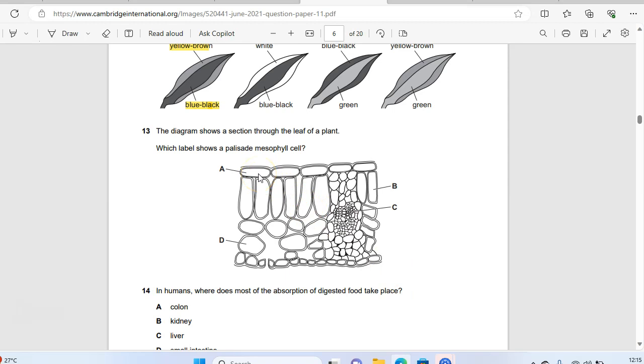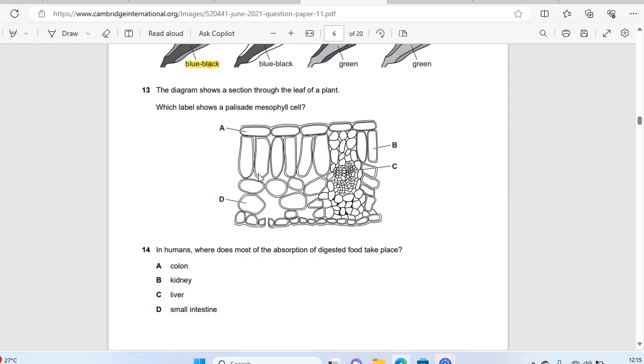Question number 13 you can see here. A diagram shows a section through the leaf of a plant. Which label shows palisade mesophyll cells? So, palisade mesophyll cells and spongy mesophyll cells. You must know the difference between them. These longitudinal cells are palisade mesophyll cells. This part, the labeling is going to be B. B is the right answer.